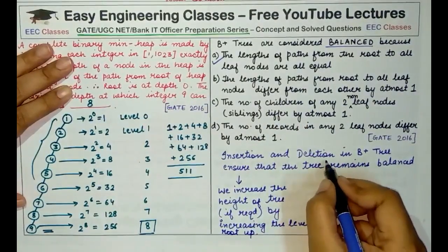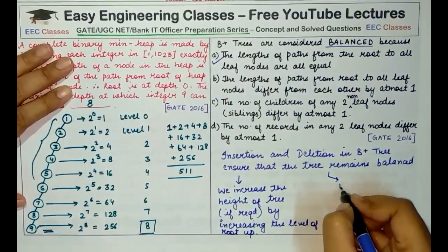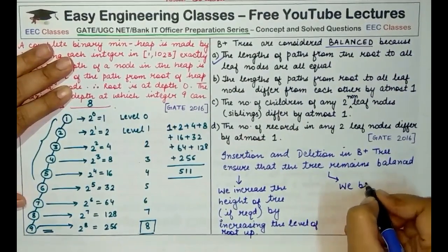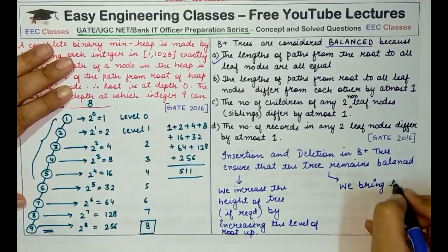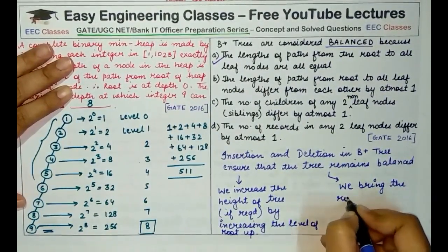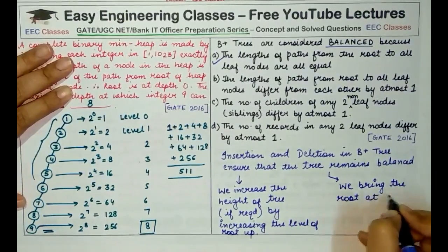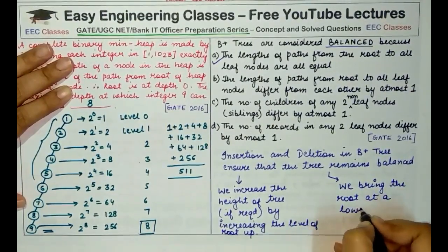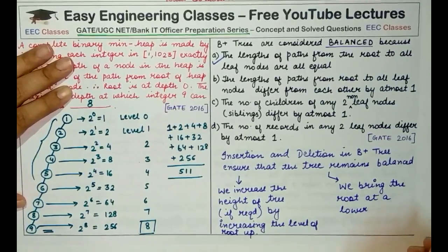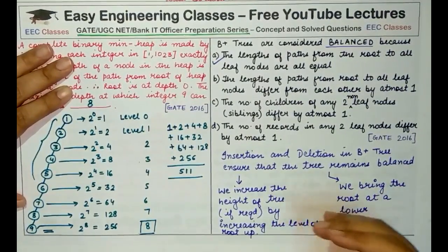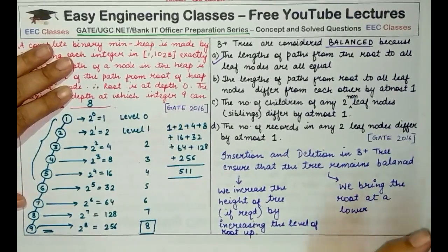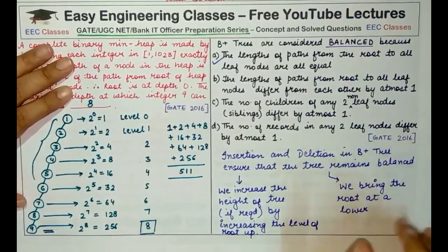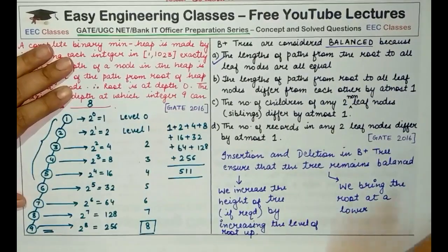And in case of deletion, we bring the root to a lower height if required, rather than bringing a node or changing the position of different nodes. Internally we change the position of the root in both these cases, so that the length of the path from the root to all the leaves remains the same in all the cases.